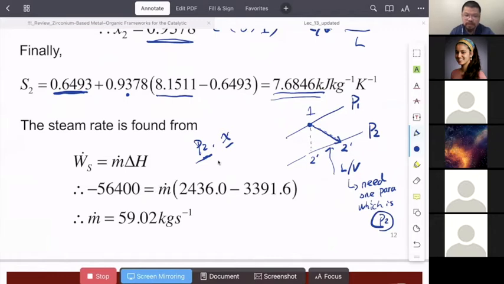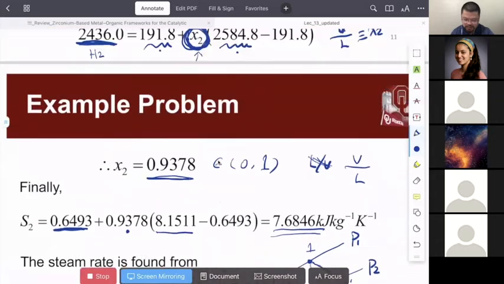So the flow rate or the mass flow rate will be easier to calculate now, because now we know what is the actual delta H, right? And the delta H change will be converted into the shaft work. So again, this is H2, this is H1.